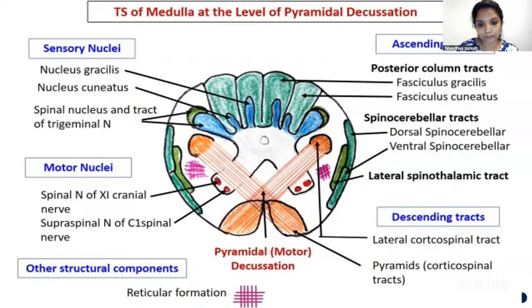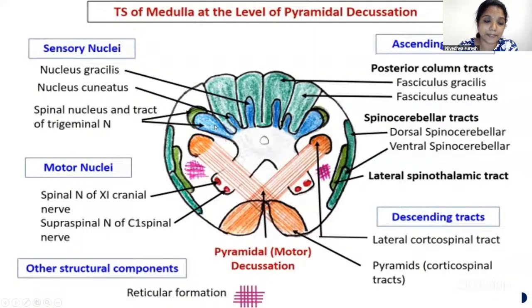Okay, so this is the TS, or transverse section, of the medulla at the level of the pyramidal decussation. What are the structures we can see at this level? First, the nucleus gracilis and nucleus cuneatus.